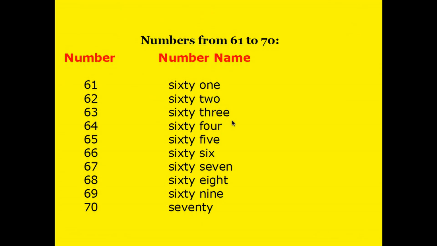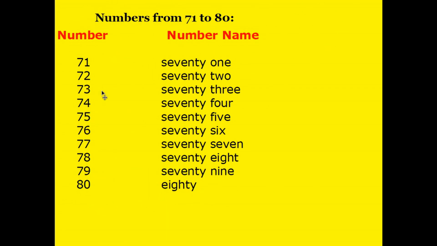So in this, let's continue. As I told you earlier, in this lesson we are going to see numbers from 61 up to 18. Here you have up to 17, and next one is up to 18. Their numbers with their corresponding words.